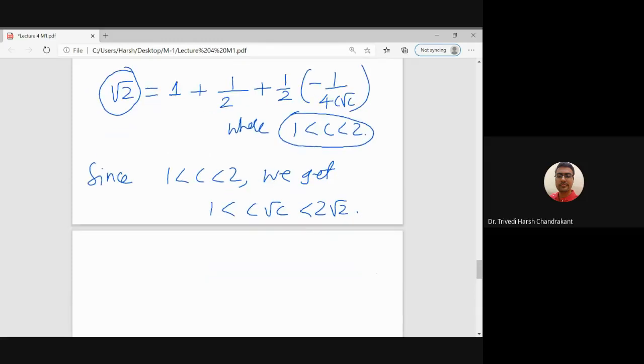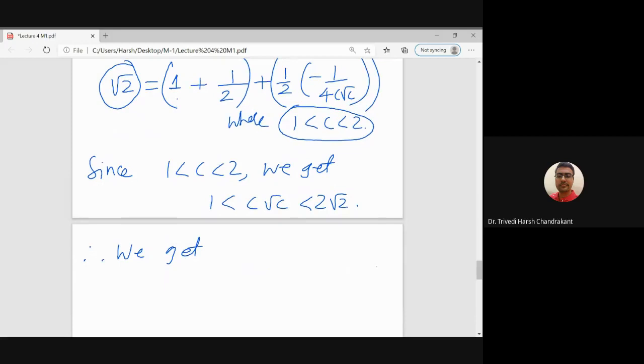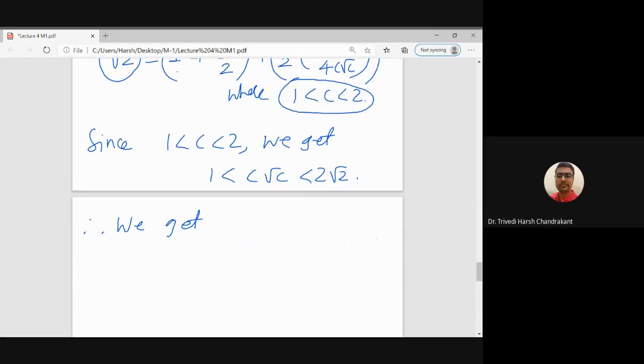Therefore, from this we know that this number is basically 3 by 2, and here what we get is minus 1 by 8 c root c. Right, so essentially what we get is 1 upon, just a minute.